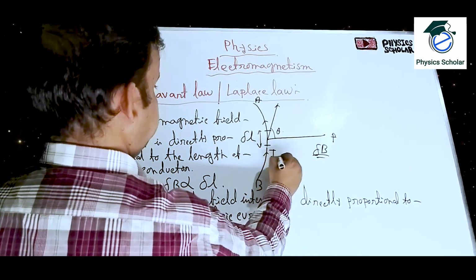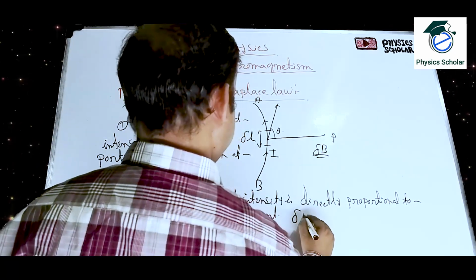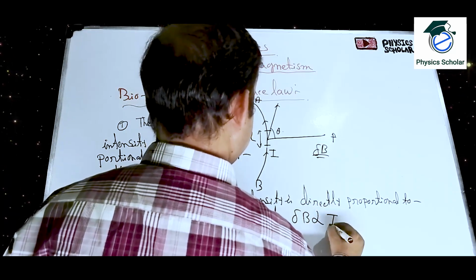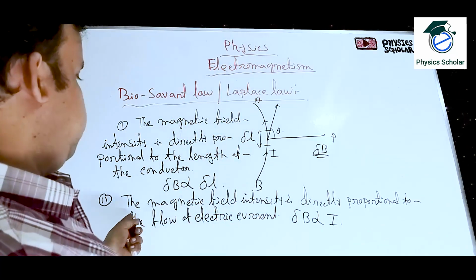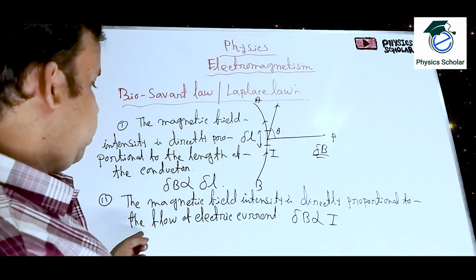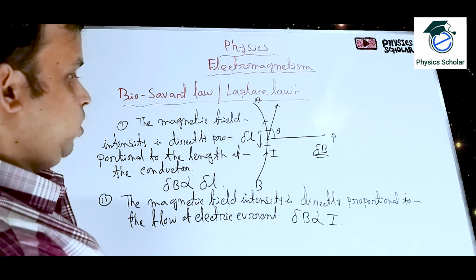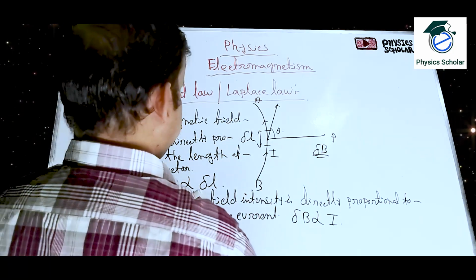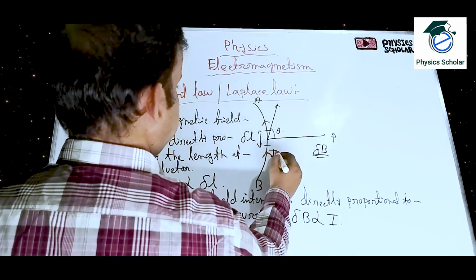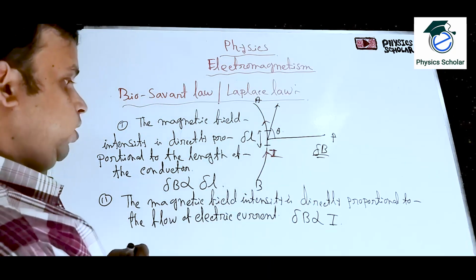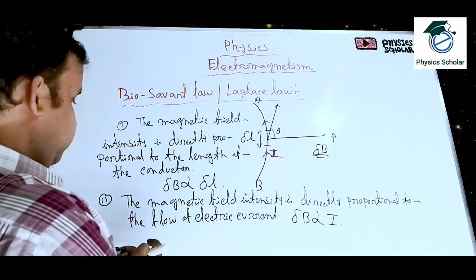That is, if the current flowing is I, then delta B is directly proportional to I. Clear? So the magnetic field intensity is directly proportional to the flow of electric current through this conductor. So this is the current flowing, I. So delta B is directly proportional to I.